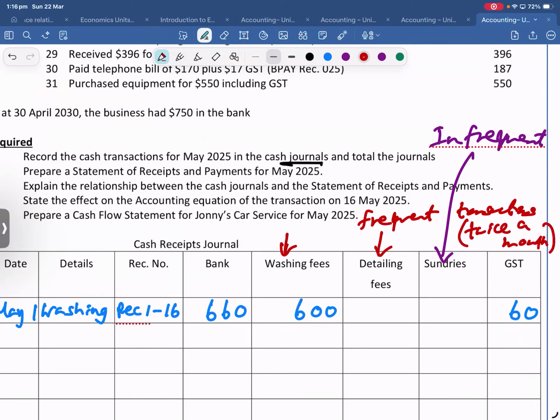Infrequent means only once a month. Okay. Right.